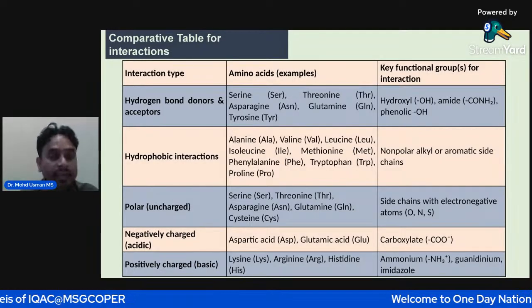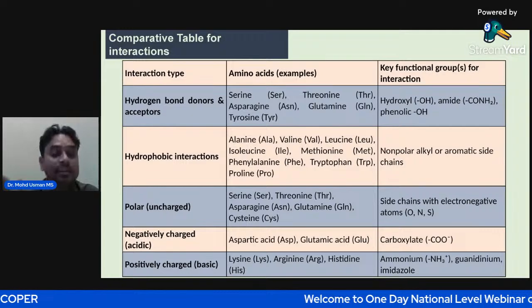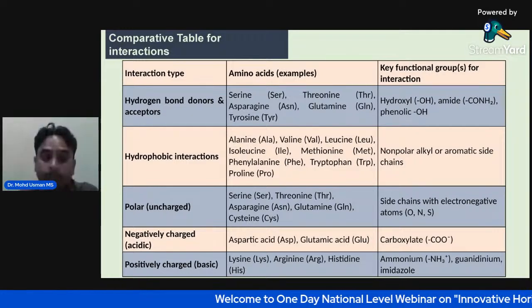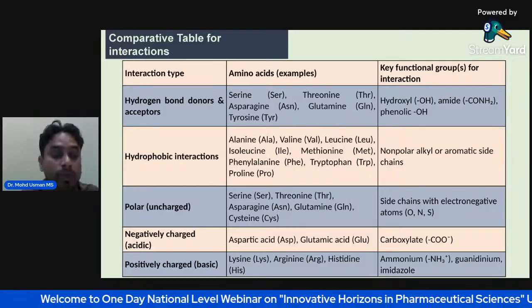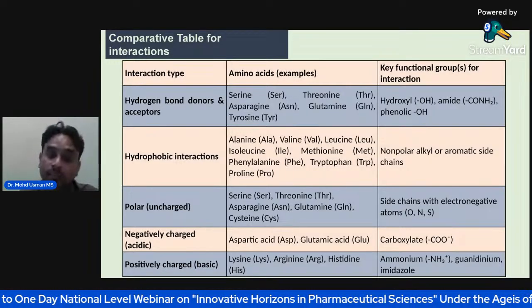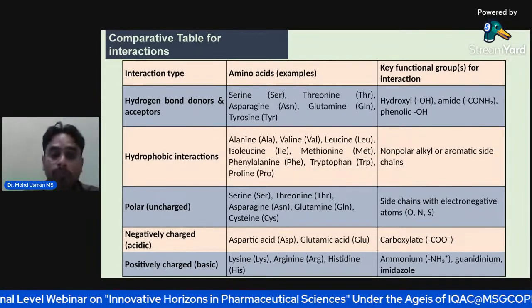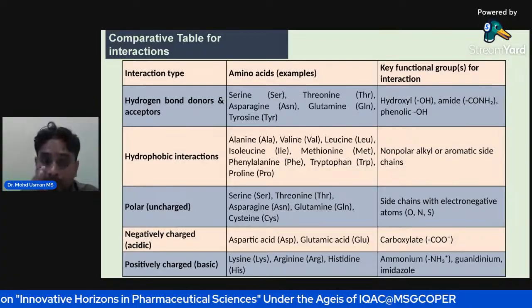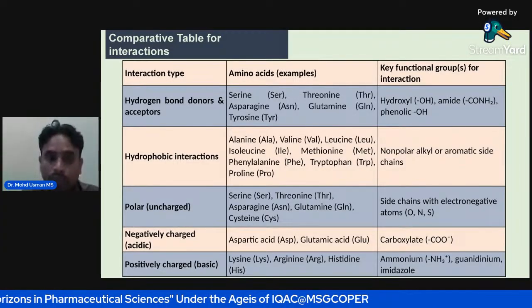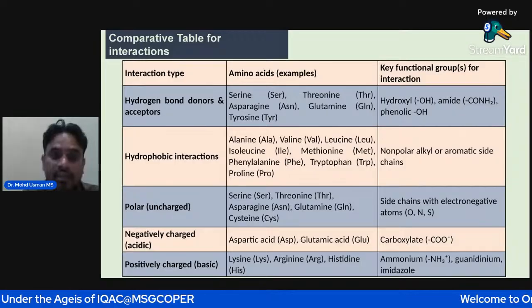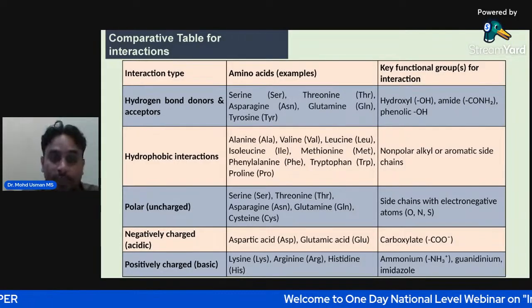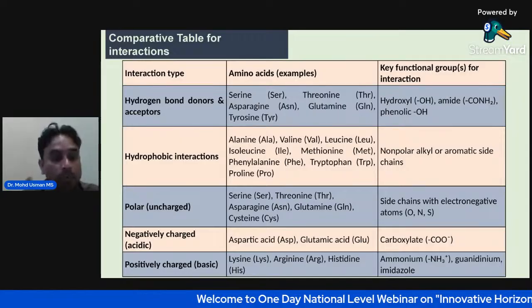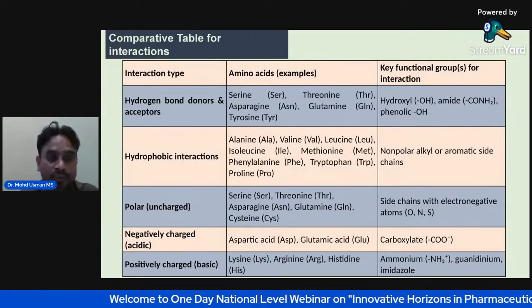If such amino acids are present at the active site, it means that pocket will be favorable for hydrophobic interaction with the ligand or drug molecule. So in such a case, our desired molecule should contain a benzene ring or some hydrophobic ring so that it will interact hydrophobically with these active site residues.